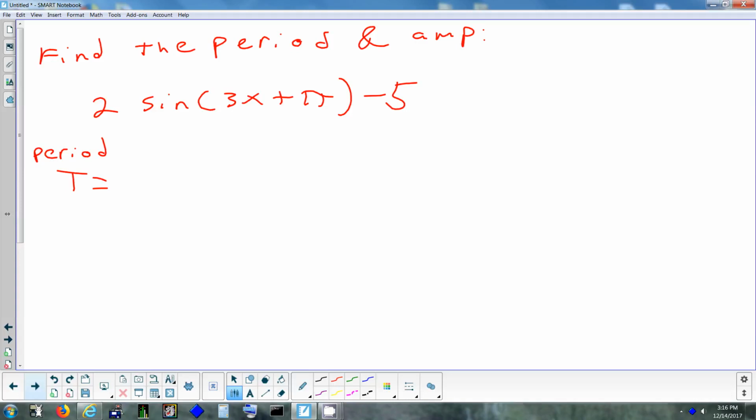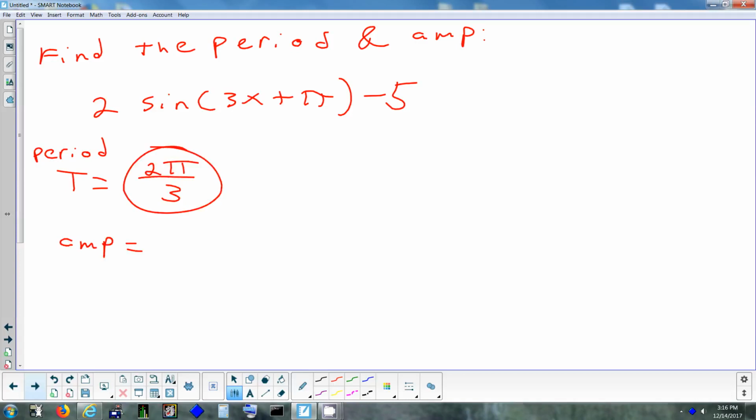What would be the period here? 3 is part of the calculation to find the period, but it is not the period. It's 2 pi over 3. Yep. There's your period.